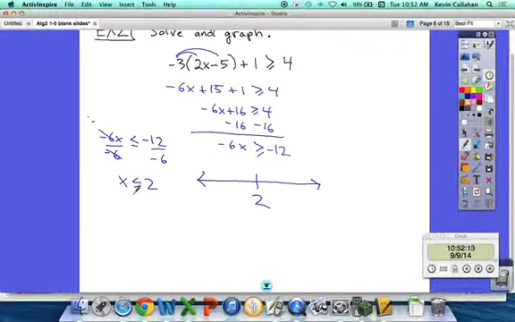Because of the or equal to, you're going to use closed. Remember now, the X represents the shading. X is less than or equal to 2. The shading is less than, which means to the left of 2. So which side do I shade? Here. Right.